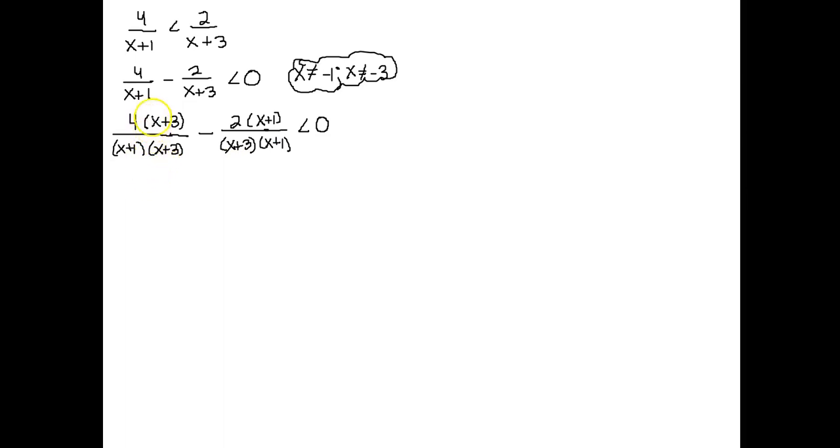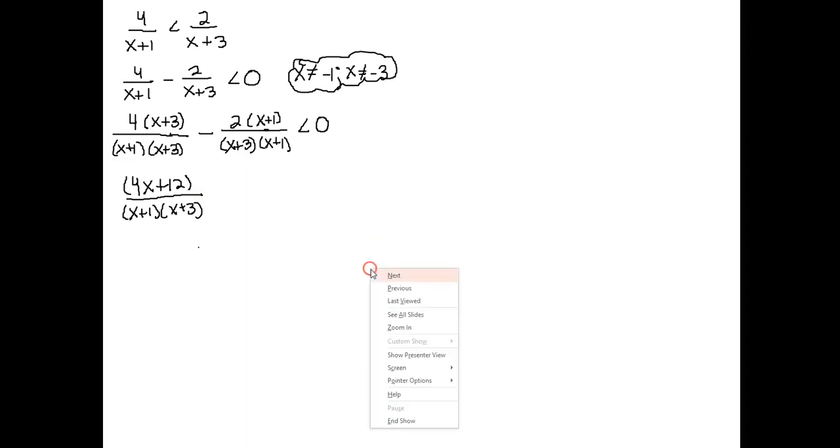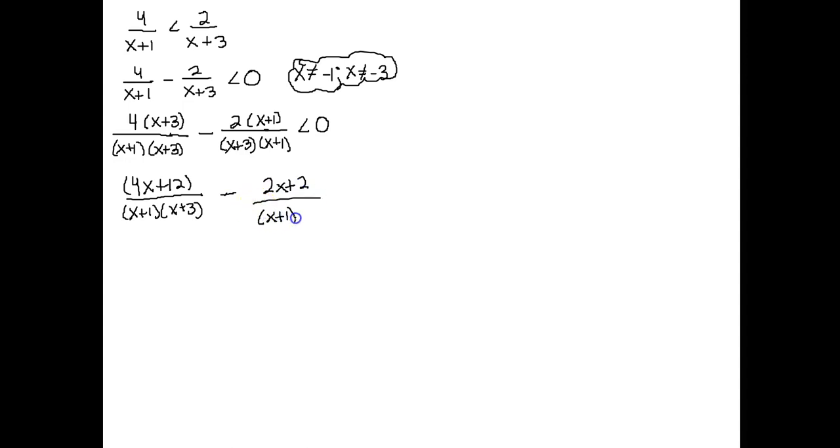Okay, so the numerator is 4x plus 12 over x plus 1 times x plus 3, and you're subtracting 2 times x plus 1, which is 2x plus 2, over x plus 1 times x plus 3.